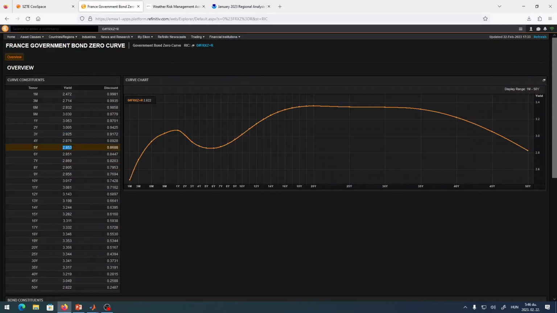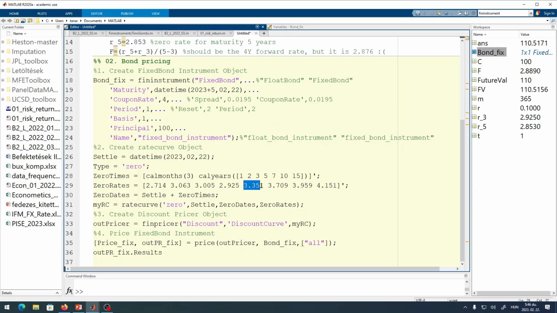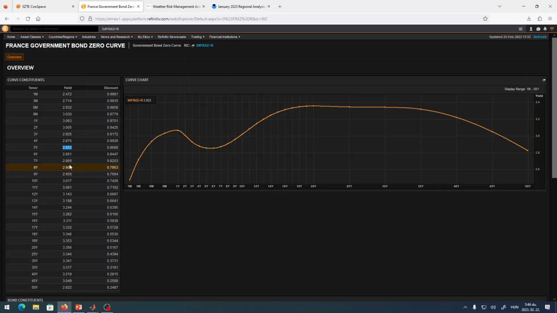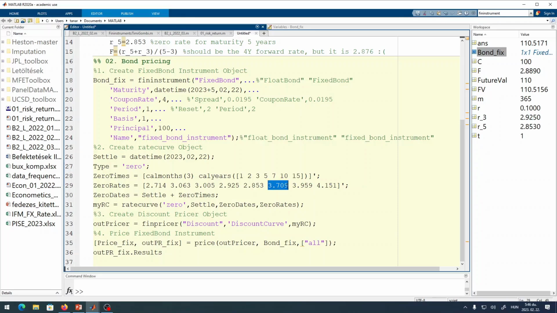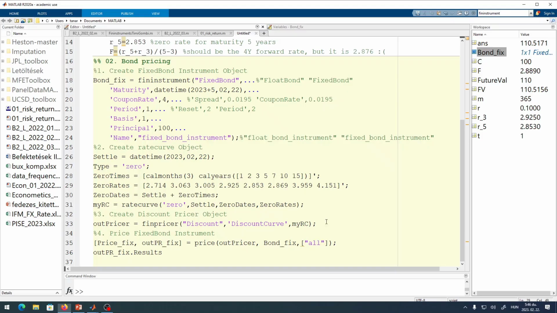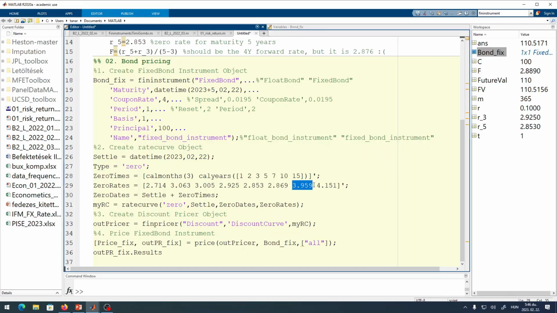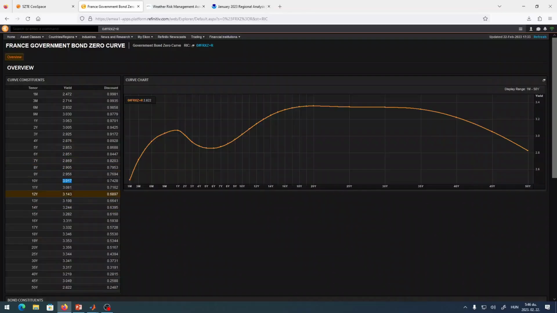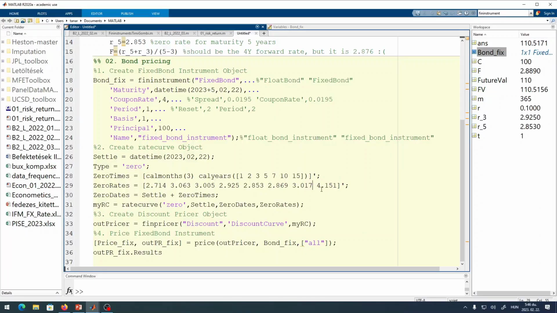Five. 7. 10. Obviously you can increase the density, so you can add more years, but I'm lazy, and I already have to copy and paste everything, so yeah.